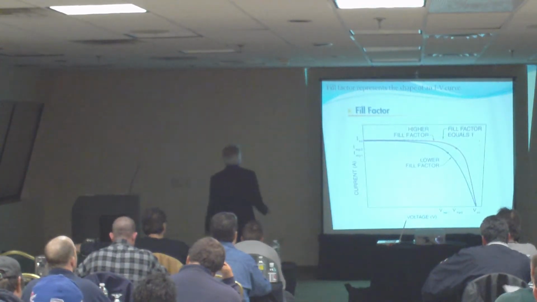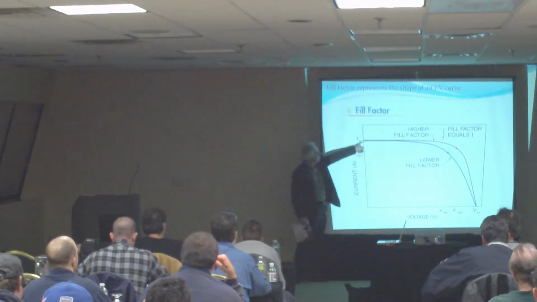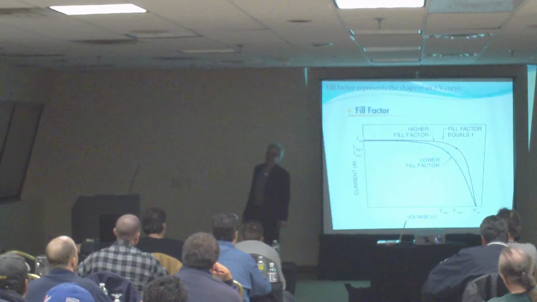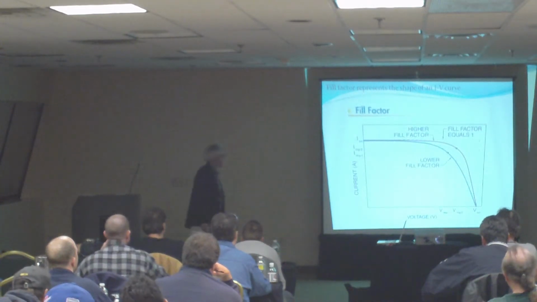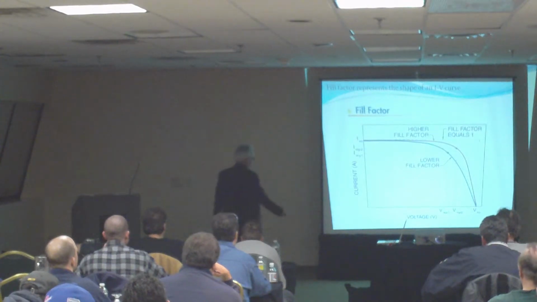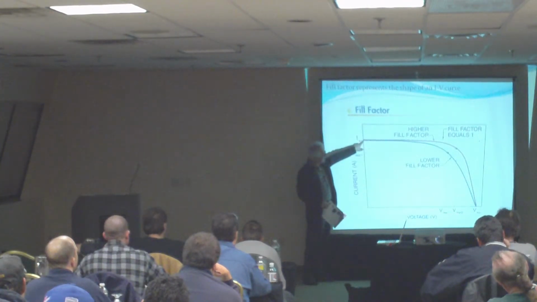Well, it depends on what? Under this kind of condition here, you have the maximum current. What's the voltage in that? Well, if the open circuit voltage is in here and right here, what would be your power here?